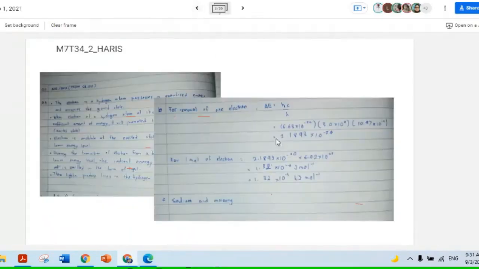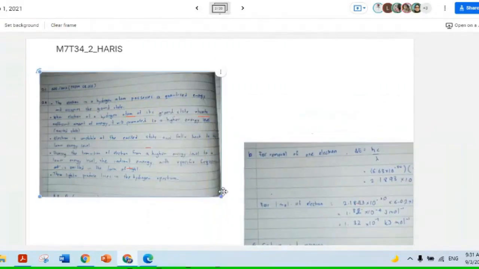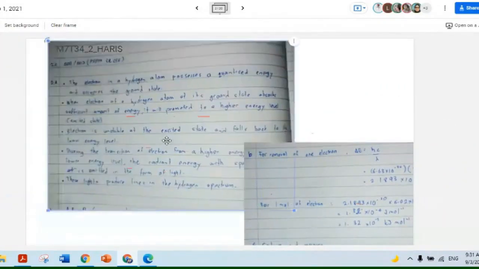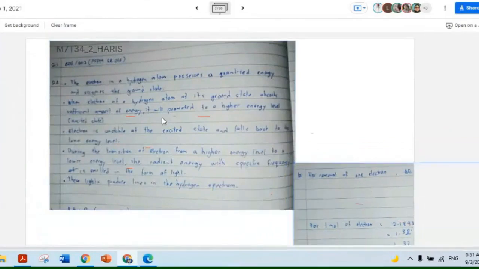Okay, look. Harris's answer is written clearly. Look, promoted to higher energy level, he wrote excited state. Okay, excited state falls back. Then what did he say? Radiant energy or release energy with specific frequency in the form of light.